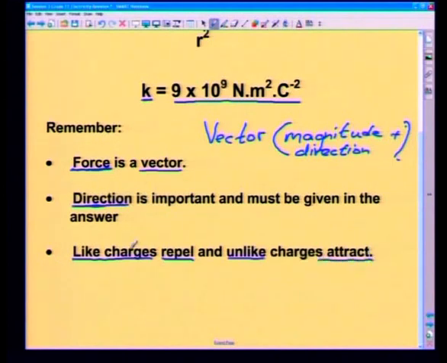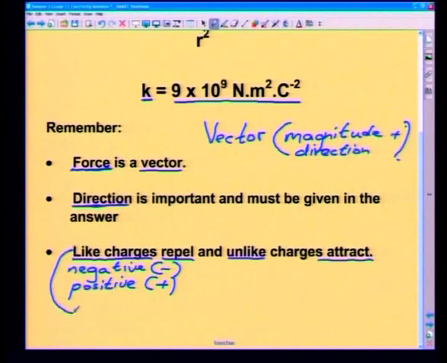What we mean by this, I need to go back to it to show you a little bit about charges. When we talk about like charges, remember we've got two types of charges. We've got negative and positive charges. Negative represented in that way, and that represents positive charge.